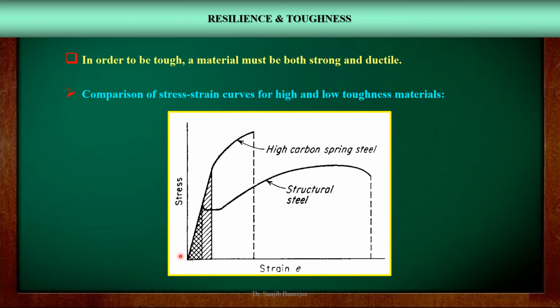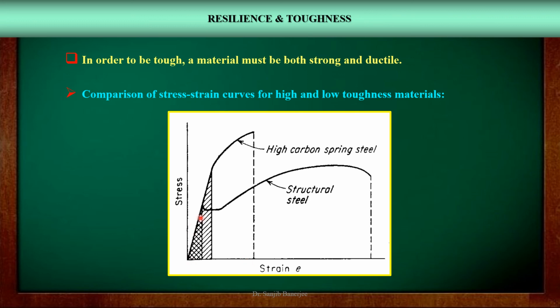Here in this figure, we can see two stress-strain curves. The first one belongs to the high carbon spring steel. Here, the strength level is higher, while the ductility or the elongation up to fracture is low.